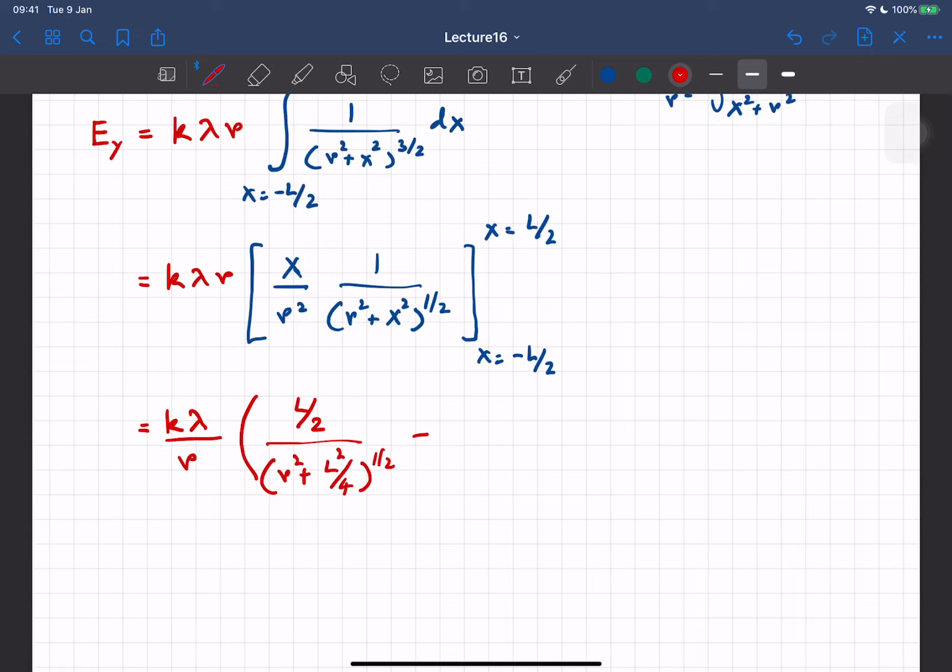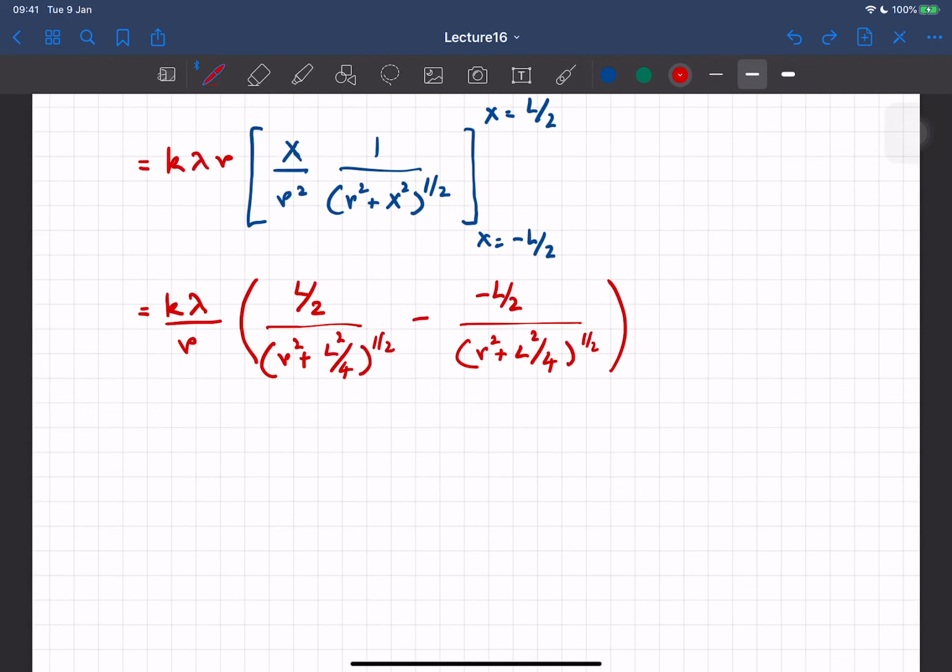And then minus, with x equal to minus L over 2, r square plus L square over 4, to the 1/2. You can see that the minus sign cancels out to give a plus sign. So altogether you have k lambda over r, and then you add these two together, so you get L over r square plus L square over 4, to the 1/2.